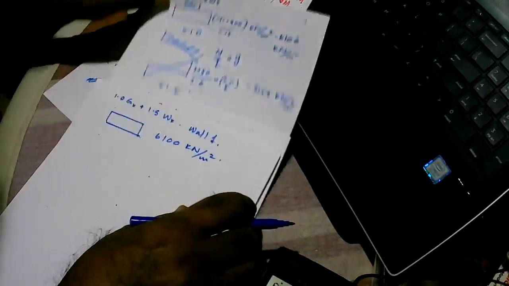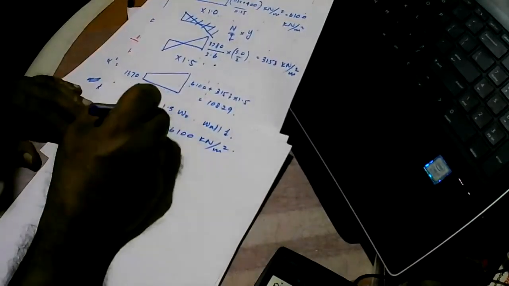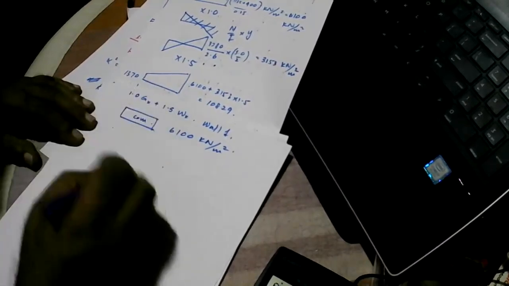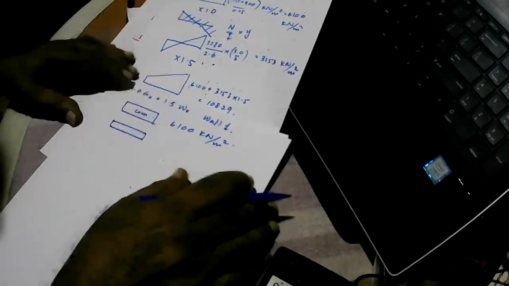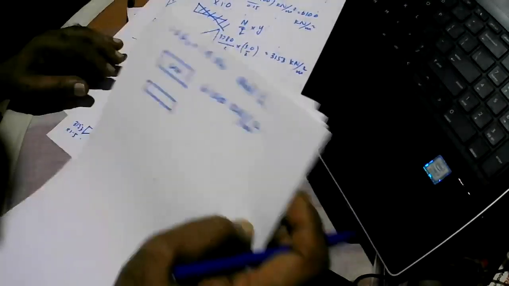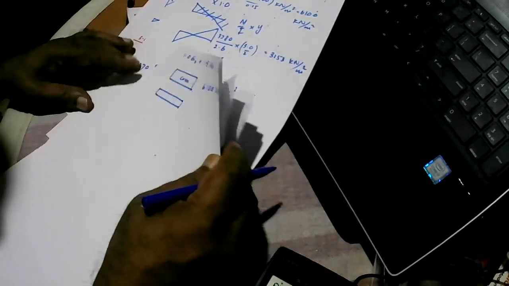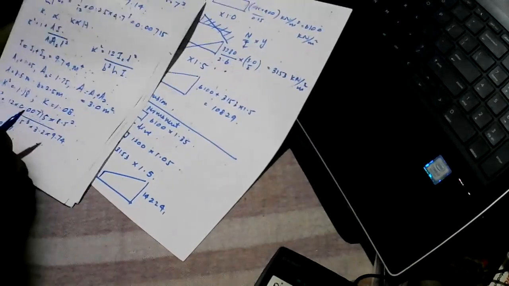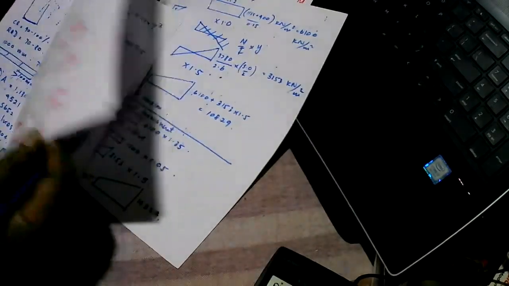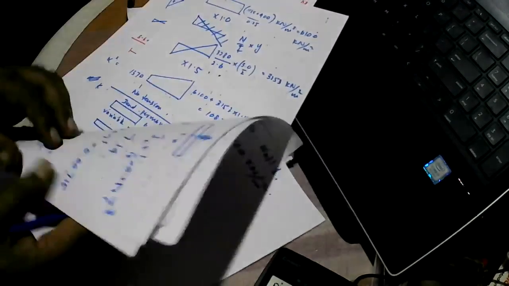And then, so this is compression. Then we get a tension which is equal to, we just calculated the load due to coupling action, which is 941 kilonewtons.